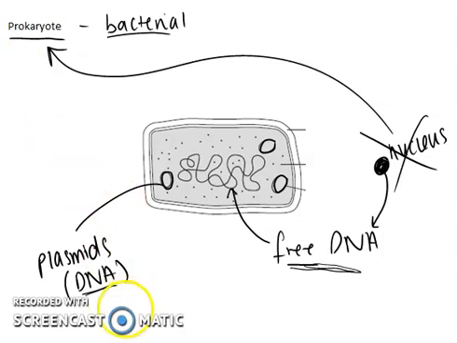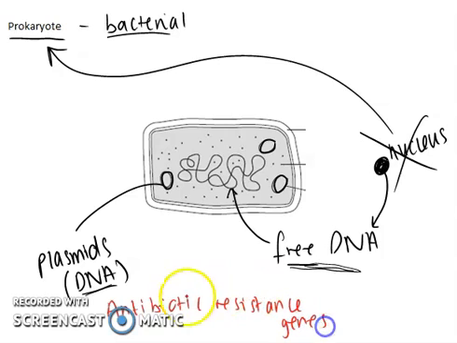And plasmids are really useful for the bacteria because they usually have something called antibiotic resistance genes on them. Antibiotic resistance genes allow that bacteria to sometimes prevent being killed by antibiotics. Antibiotics are drugs that are used to kill bacteria. And we'll talk more about this in future lessons as well.